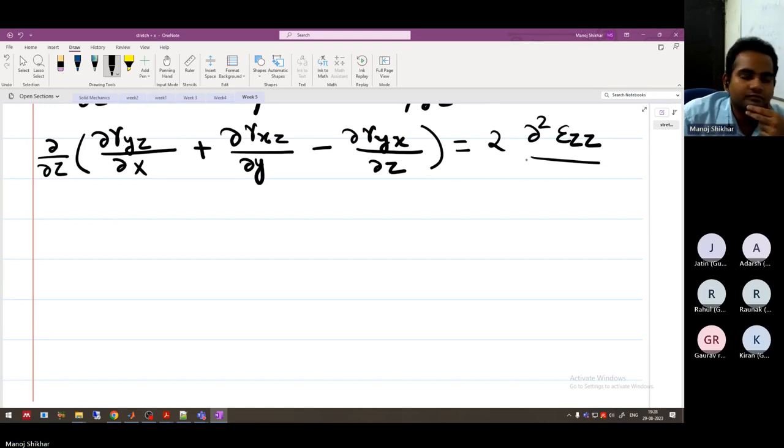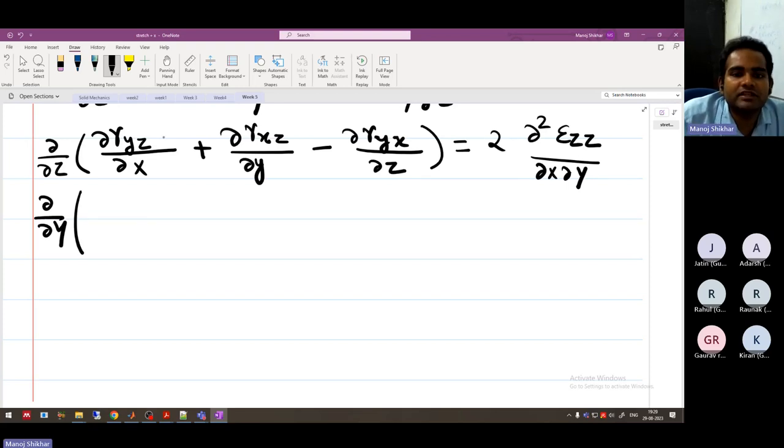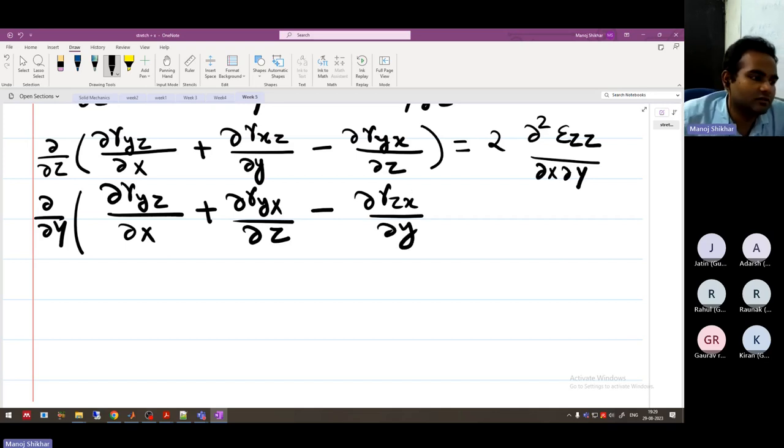Okay. Suppose I want to differentiate with respect to y here. The shear strains which will come with positive sign will be gamma yz getting differentiated with respect to x, plus gamma yx, minus gamma zx, which is getting differentiated with respect to y.